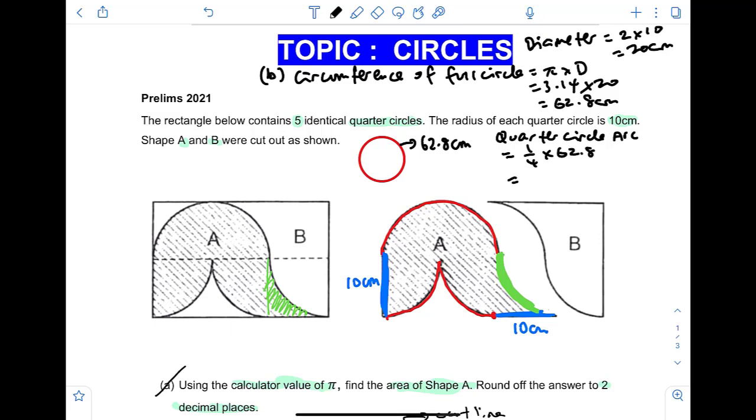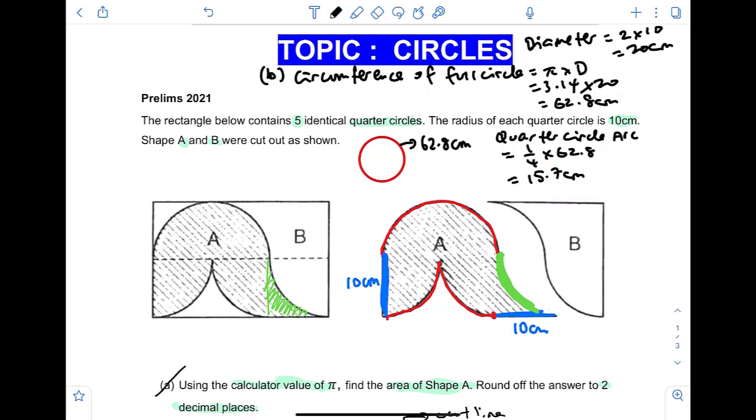So 1/4 times 62.8 will be 15.7 cm. So that is the green part. For our steps, we take the full circumference plus the green part plus the straight lines.